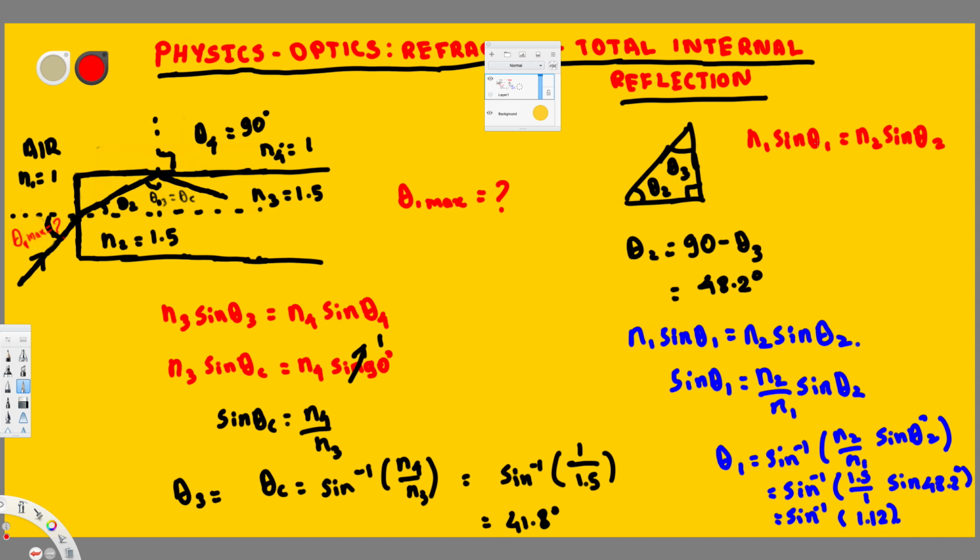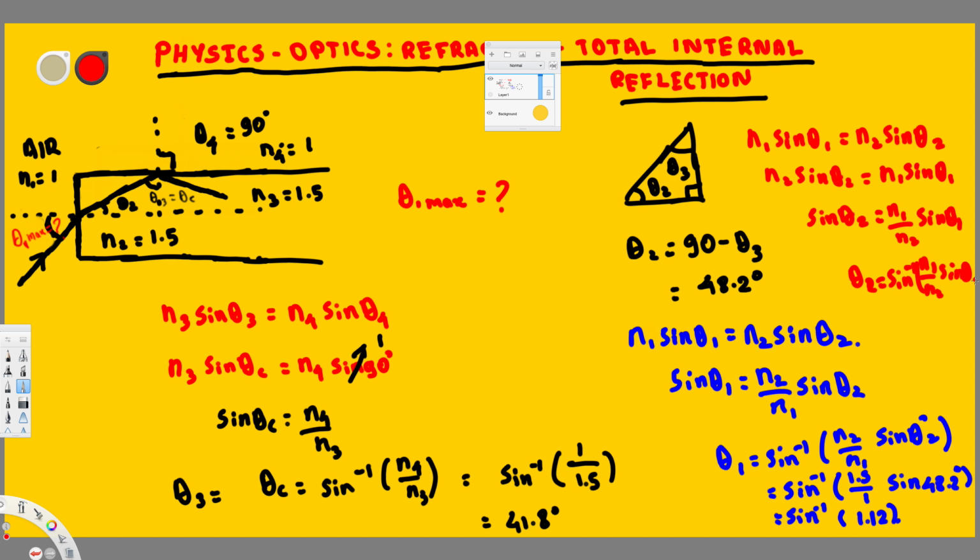So here what we are trying to find is sine theta 2 at 90 degrees. So let's flip this equation. N2 sine theta 2 is equivalent to N1 sine theta 1, and we are trying to find theta 2. Sine theta 2 is going to be equivalent to N1 over N2 sine theta 1, and therefore theta 2 is going to be sine inverse of N1 over N2 sine theta 1.